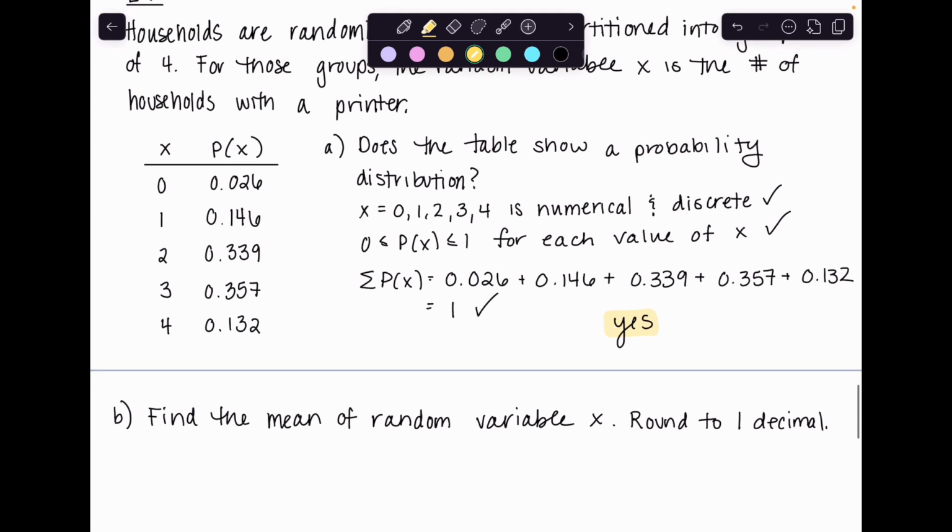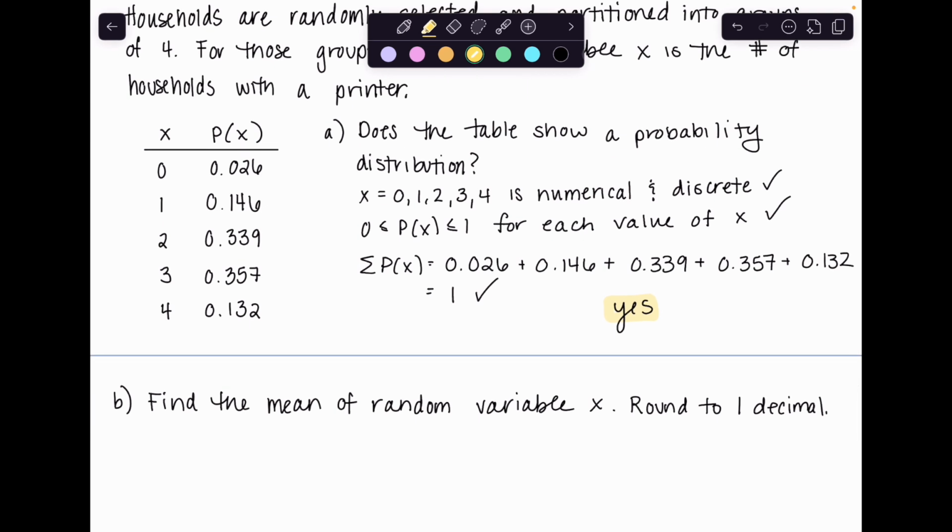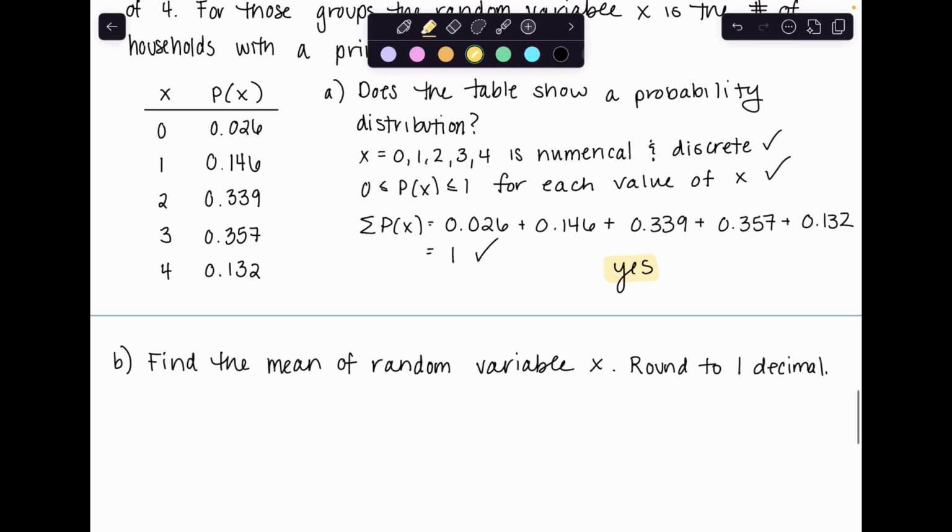Now that we know this is a probability distribution, we want to find the mean of this random variable x, and we're going to round to 1 decimal place. So to find my mean, again, what I need to do is sum everything up and divide by the number of samples I have. But instead of dividing by the number of samples, we're really multiplying by those probabilities, because that kind of takes it into account.